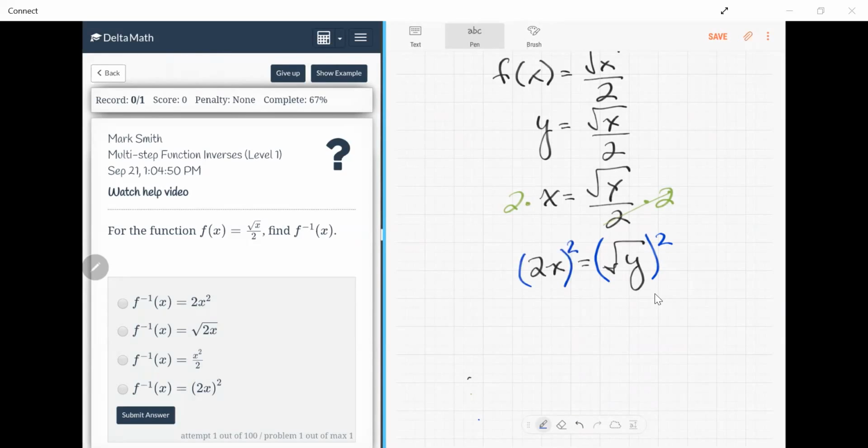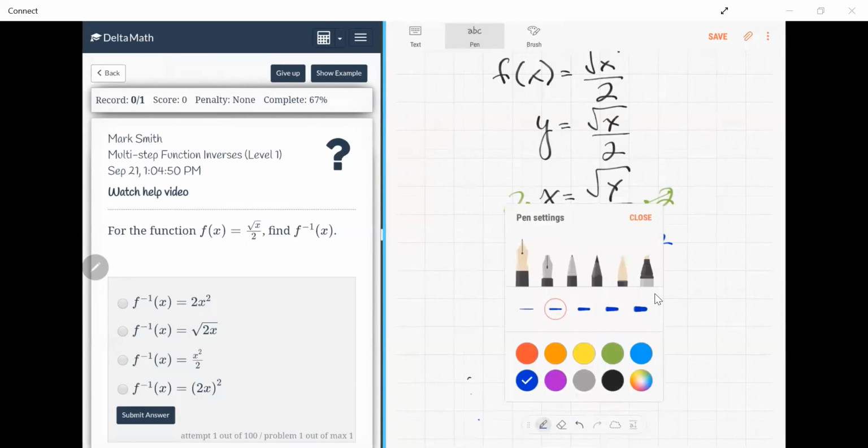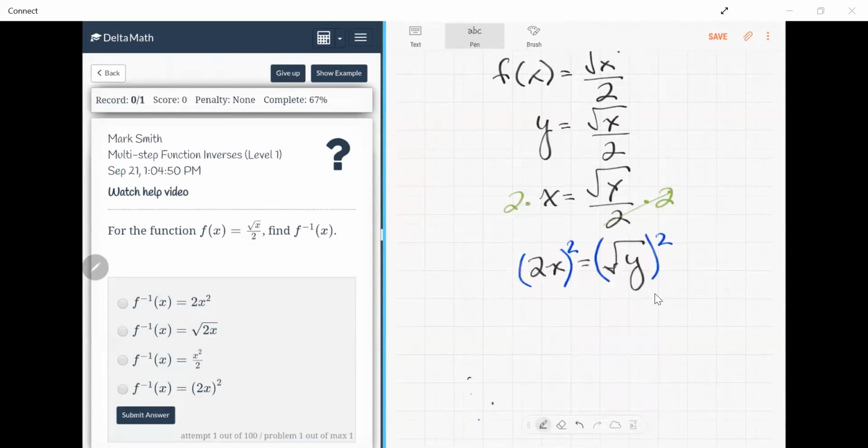All right, and so when we square both of those sides, don't forget it's 2 squared and x squared, right? So you have to square both of them. So this is 2 squared times x squared, which is 4x squared. And then this is equal to y.